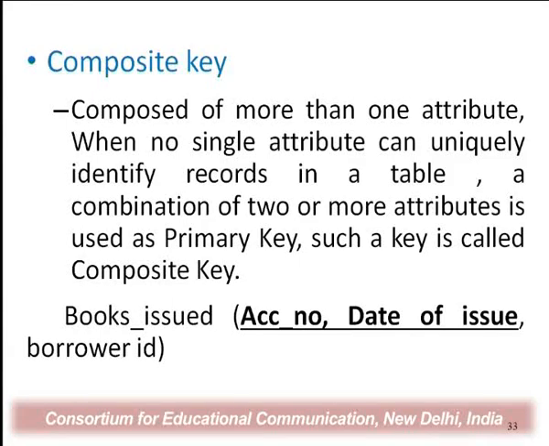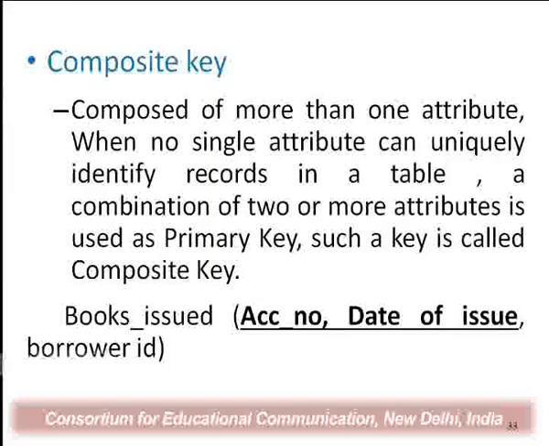For example, here you can see a table, say books issued. In this case, neither accession number, nor date of issue, nor borrower ID can be made the primary key. If accession number is made the primary key, it means the book can be issued only once; you cannot repeat it. Similarly, date of issue also needs to be repeated in the table, and so does borrower ID.